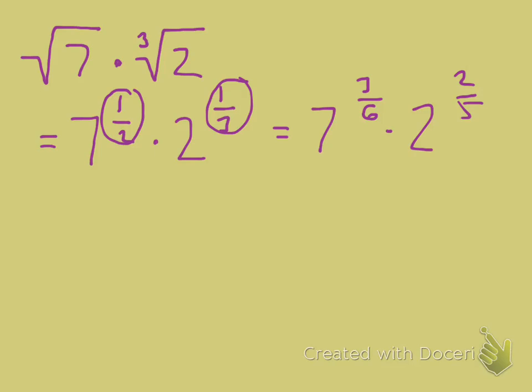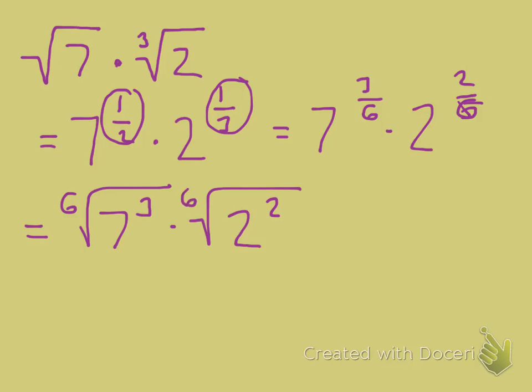And now I'm going to rewrite them now as radicals. 7 to the 3/6 means 7 cubed, but the 6th root of that. And 2 to the 2/6 power means 2 squared and the 6th root of that.